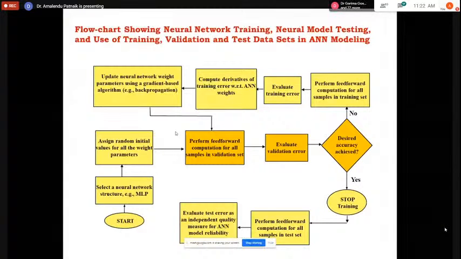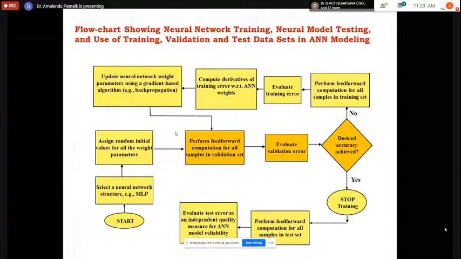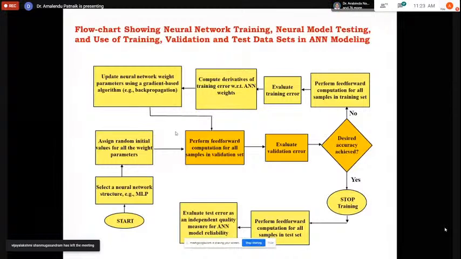So instead of using the same training data for checking the accuracy of a trained neural network, better you check that accuracy with some new data values so that you can find out whether the network was trained properly or not.